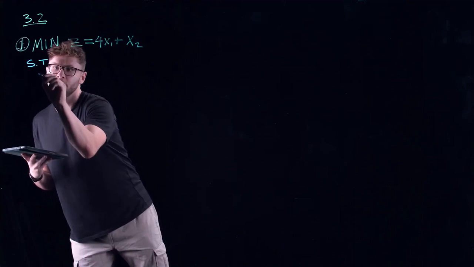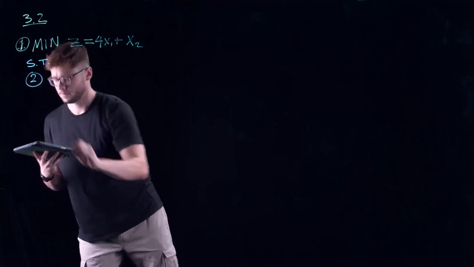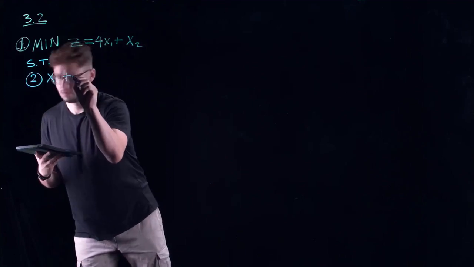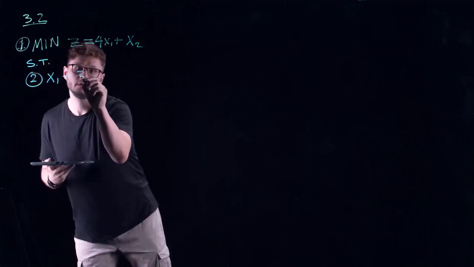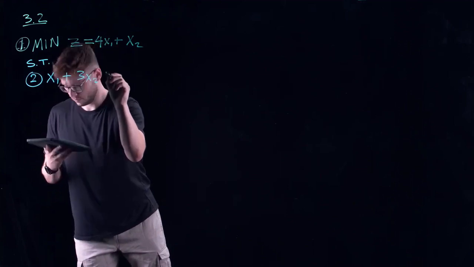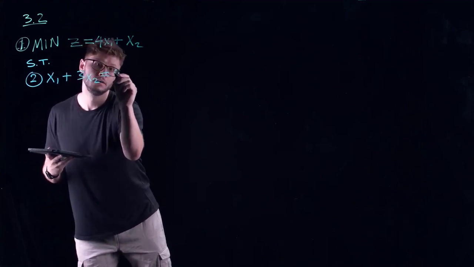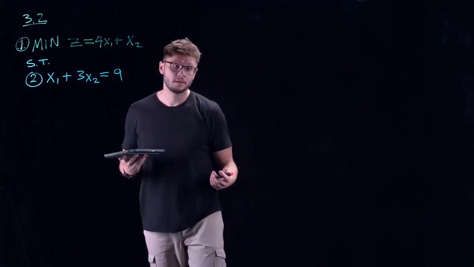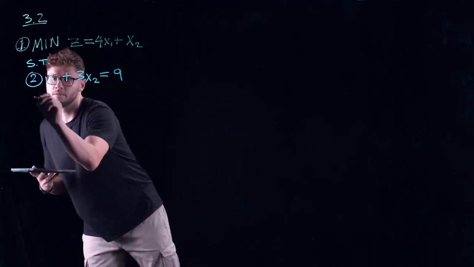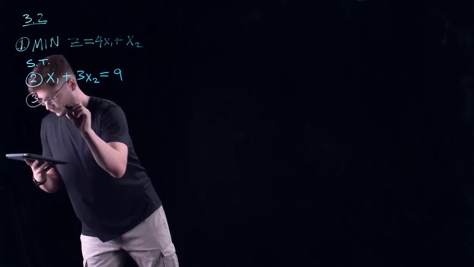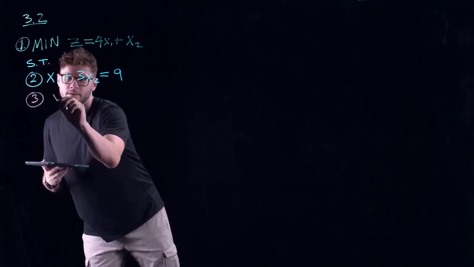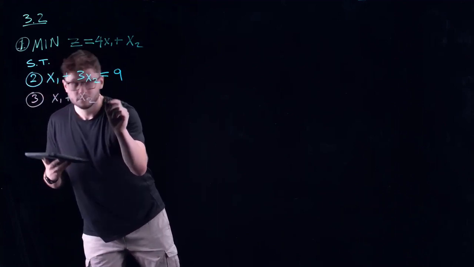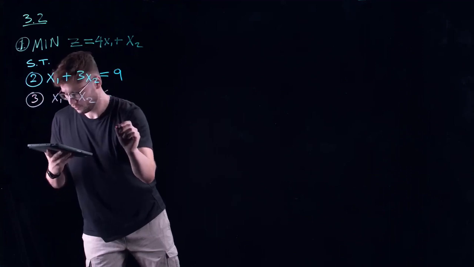The first constraint function, we're going to give it index 2, is going to be x1 plus 3x2 equals 9. The second constraint function, we're going to give it an index of 3, is going to be x1 plus x2 smaller or equal to 5.